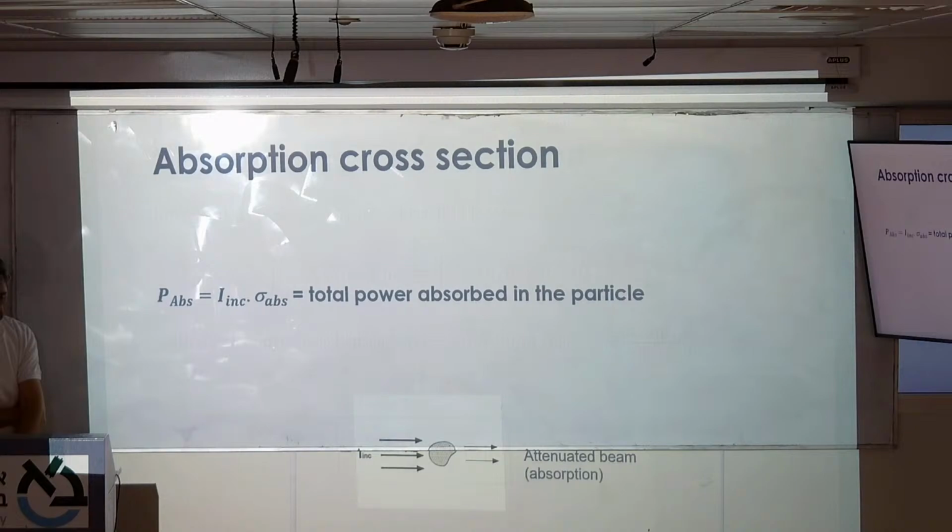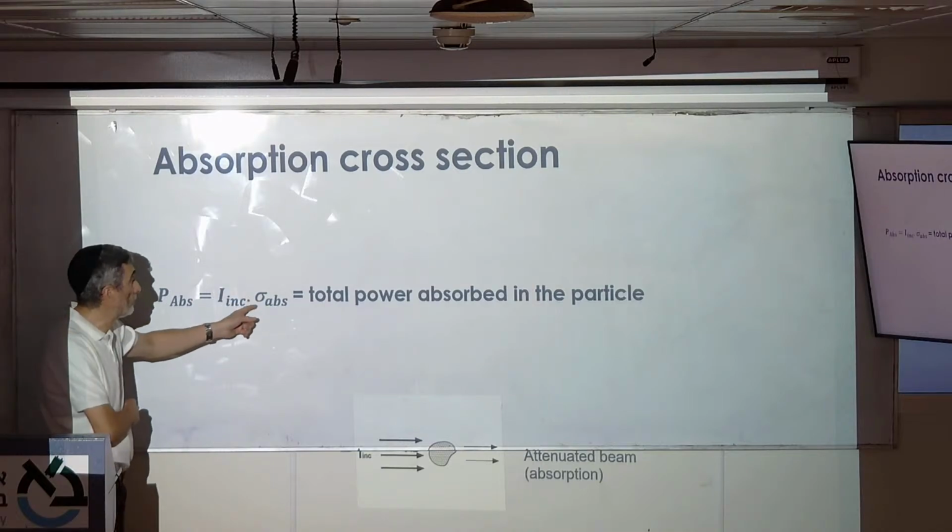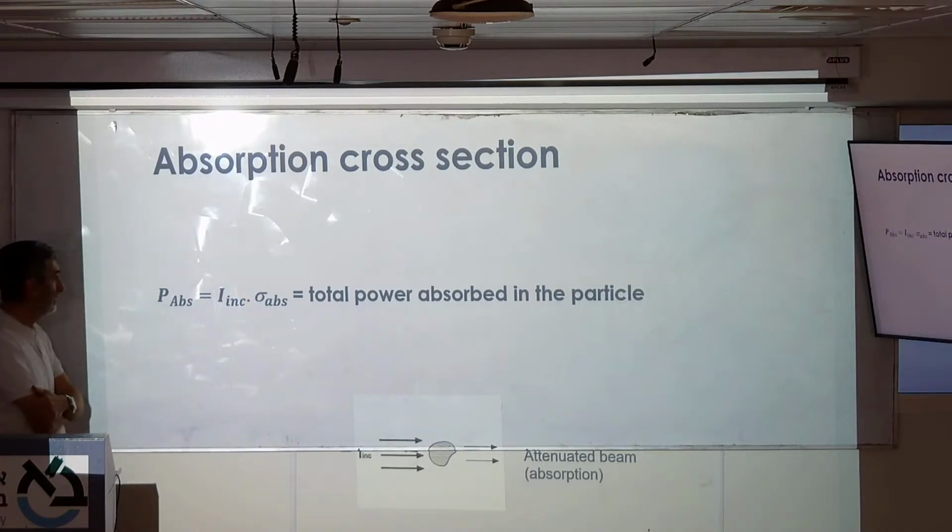Look at this picture. So that's for scattering, but you can also define the cross section for absorption. If the object absorbs light, for instance, it has some color, so it will absorb some wavelengths, we can in the same way define an absorption cross section, which is the ratio of the total power absorbed by the particle over the incident intensity of the wave.